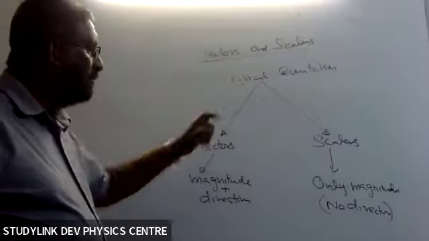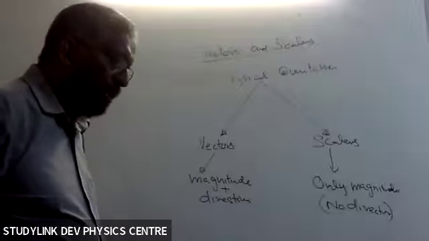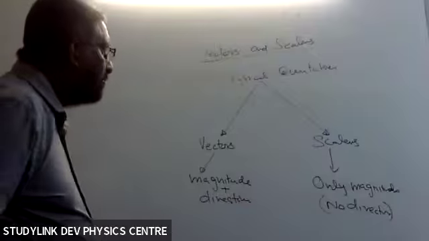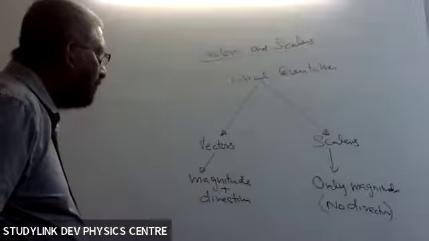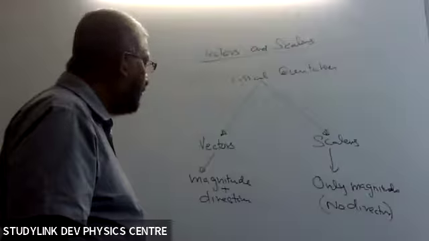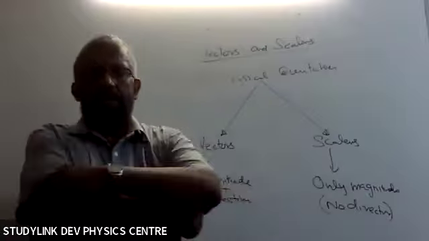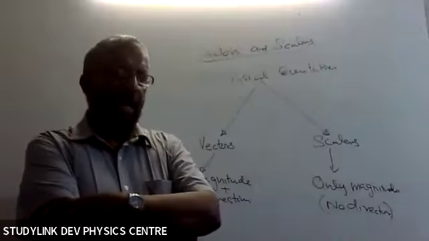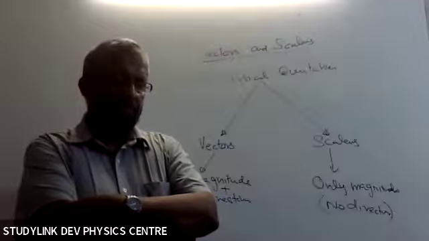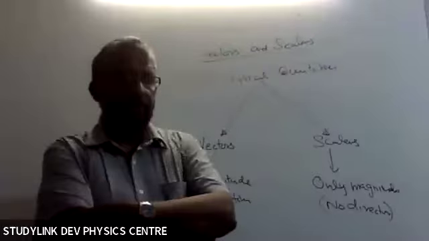Then write the next heading, vector. A vector: a physical quantity which has a direction and magnitude is called a vector.